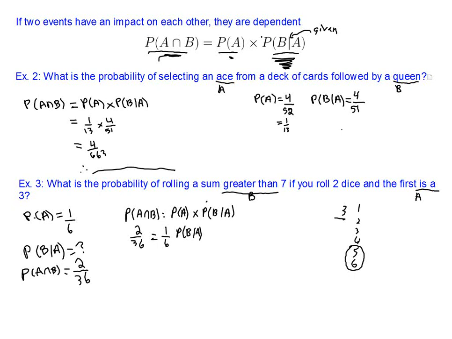And we can do that by dividing both sides of the equation by 1/6. So we get 2 over 36 divided by 1/6. And that's equal to the probability of B given A. Remember, when we divide fractions, we multiply by the reciprocal, so we get 2/36 times 6/1.